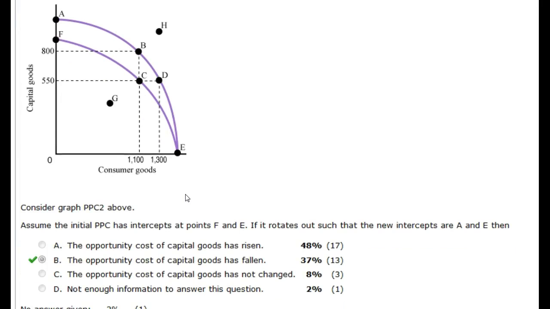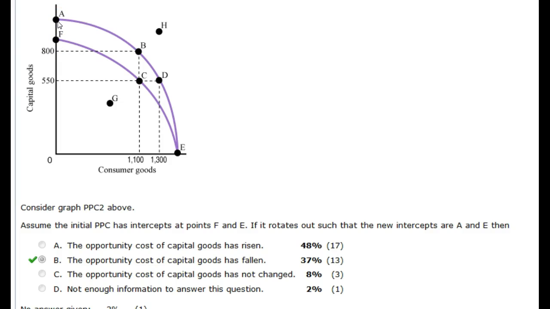All right. Let's see. The PPF rotates out such that the new intercepts are A and E. So it was FE, then it goes to AE. It's all about the opportunity cost of capital goods. We're going from FE to AE, right? Okay.